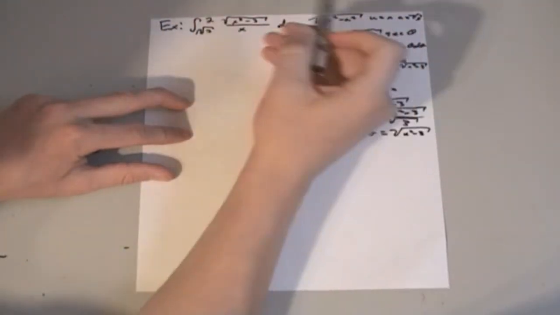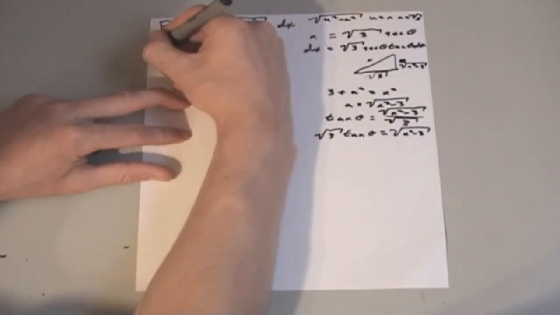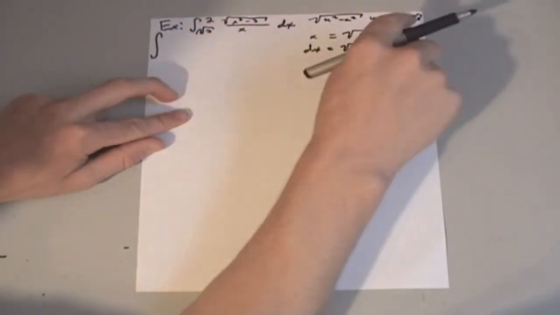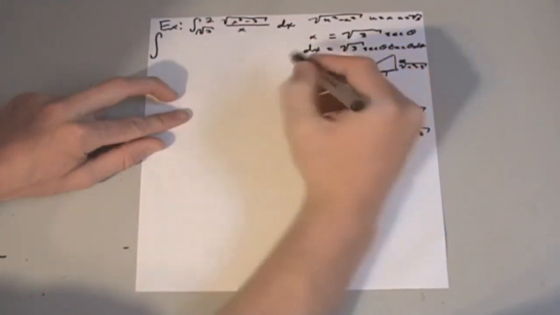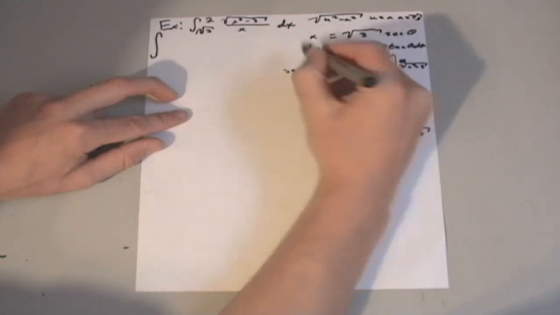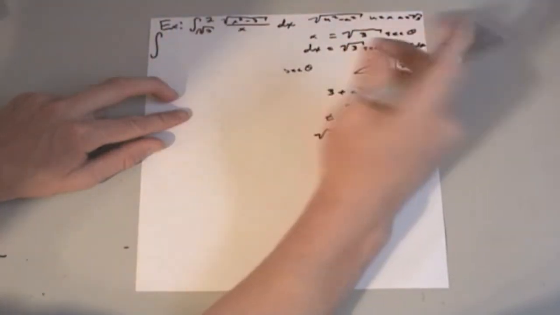Now before we replace these values, it is important to make sure that we have the bounds correctly replaced. We would want to put them into this equation here. Since we're dealing with thetas in all of our replacements, we want to change the x values into thetas.